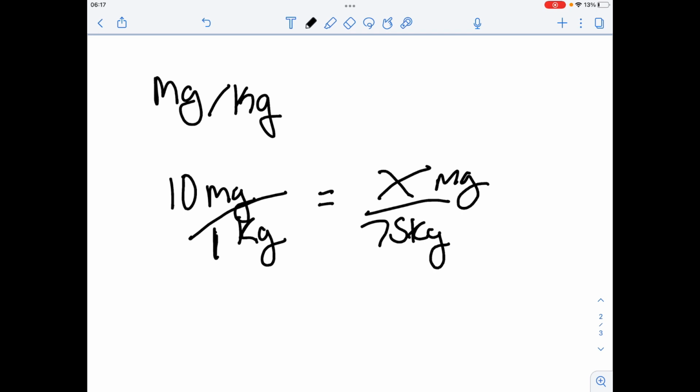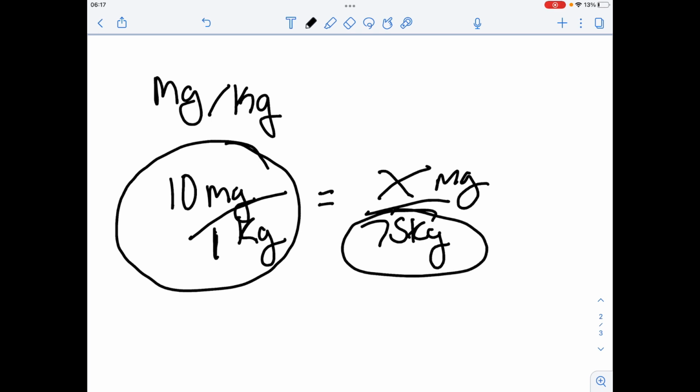So that's how you would figure that out. You would take your given, so the standard adult dose, and you would set that equal to what you know. So you know the weight of your patient is 75 kilograms, and now you're trying to find the amount of milligrams you give your patient. Cross multiply, we get X equals milligrams.